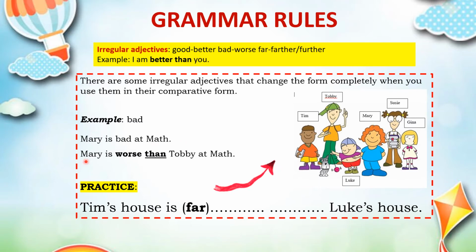If I'm going to compare Mary with another person, I'm going to use the irregular form of the adjective. As you can see, this is a sentence. Mary is worse than Toby at math. The adjective bad is replaced by its comparative form, which is worse.